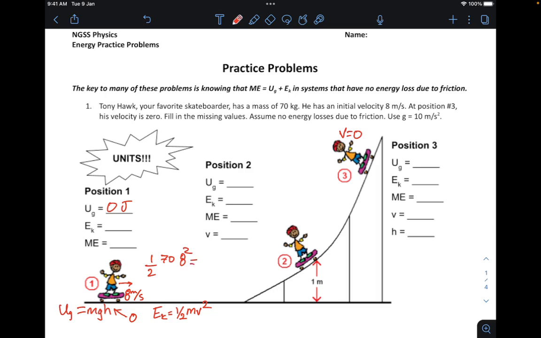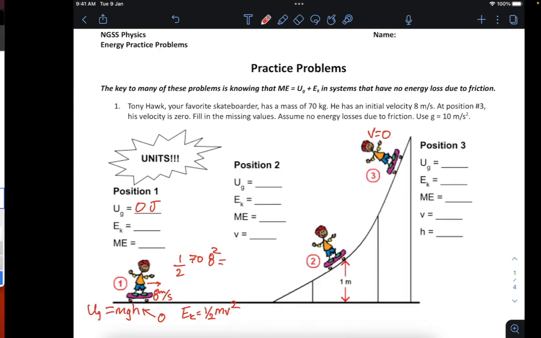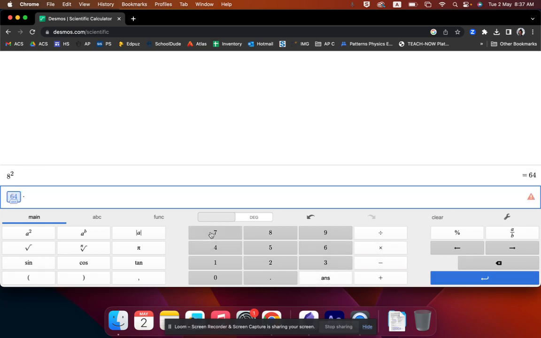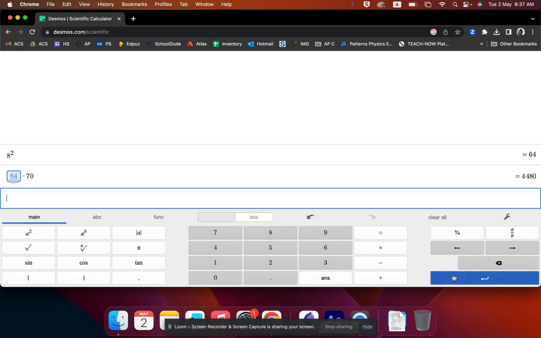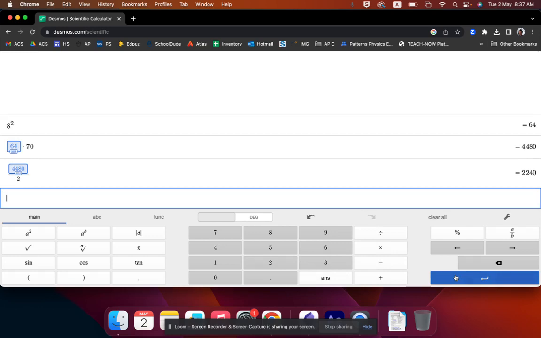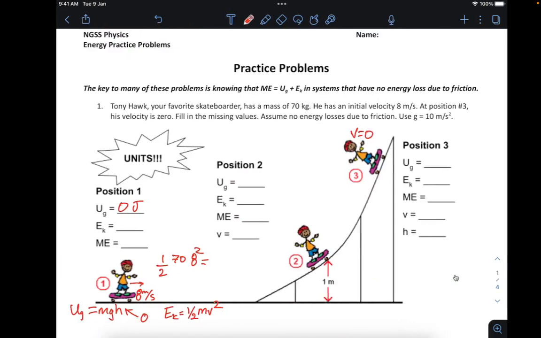So I'm going to go into my handy dandy calculator, and I am just going to type in 8 squared is equal to 64. Then I'm going to times that answer times 70, because that's his mass, and that gives me 4,480. Then I'm going to take that answer and divide it by 2. That gives me an answer of 2,240 joules.